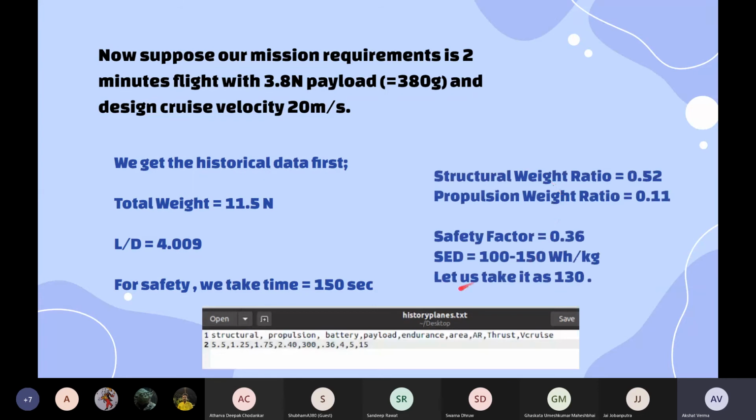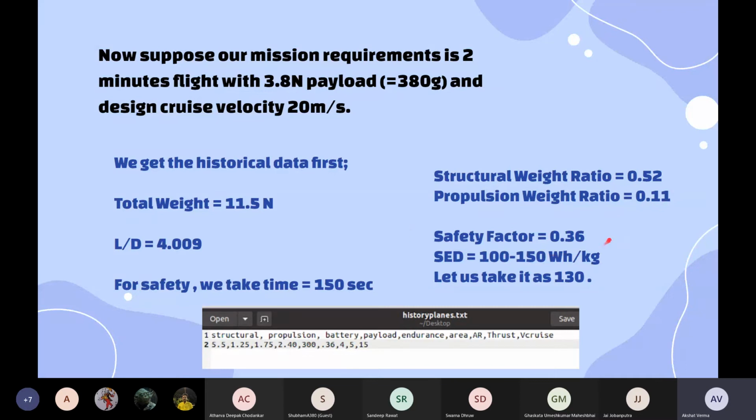Also, here is some data which we take from an example aircraft in one of the databases, and depending on that we get the weight ratios which we discussed earlier. The structural weight ratio which we get from these values is about 0.52. That is the structural weight in comparison to the total weight of the aircraft. Also, we get the propulsion weight ratio from here, and that comes out to be approximately 0.11.